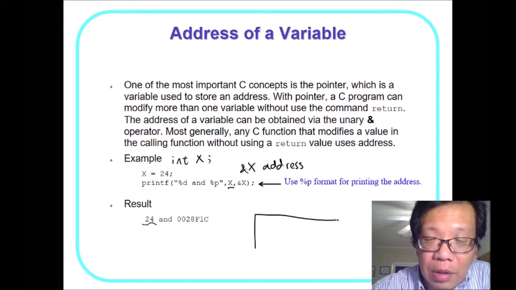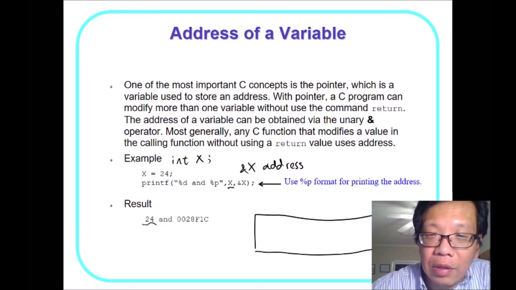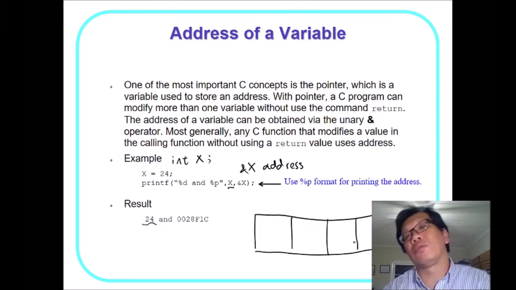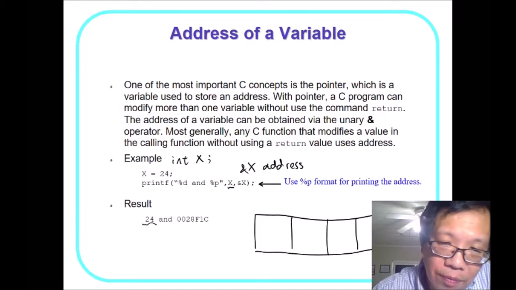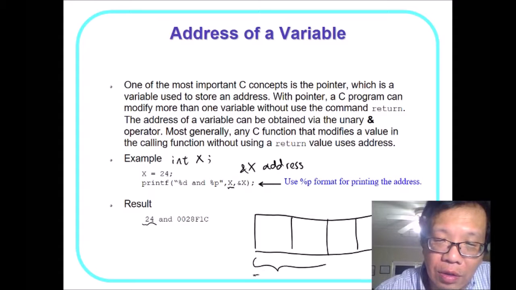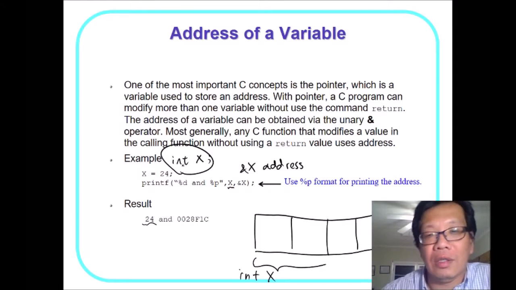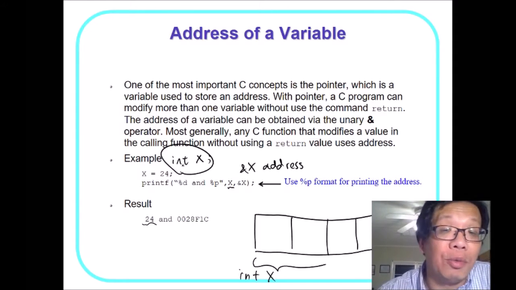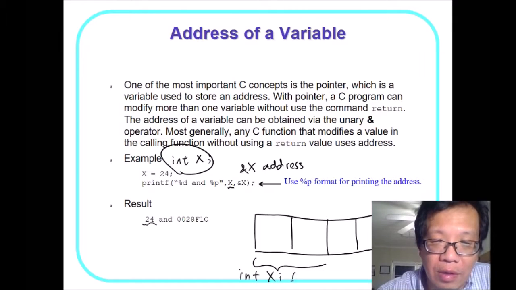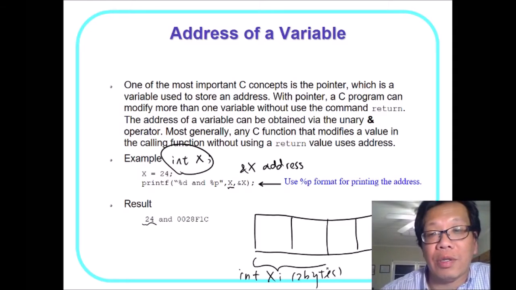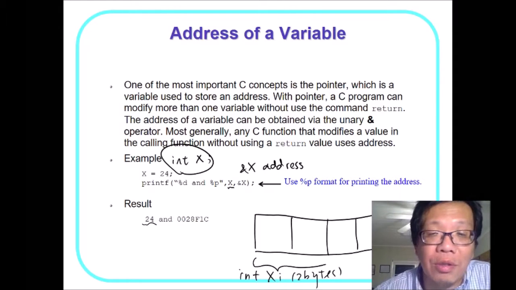In a computer, you need to think in this way. I'm declaring an integer x, right? That's this line. Let's say it's going to be 2 bytes. Just assume, because I'm not specifying what kind of processor I'm using, so I'm just assuming it's going to be 2 bytes.